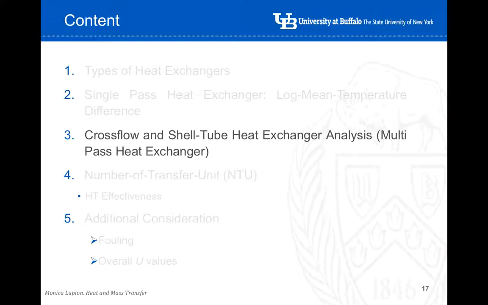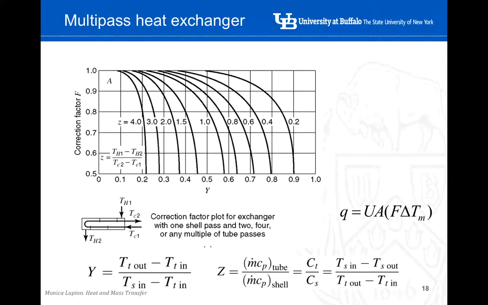Okay, so what happens if we have a crossflow and shell and tube heat exchanger, not a single pass heat exchanger? In such cases, the analysis gets more complex. What we normally do is to use some correction factors.